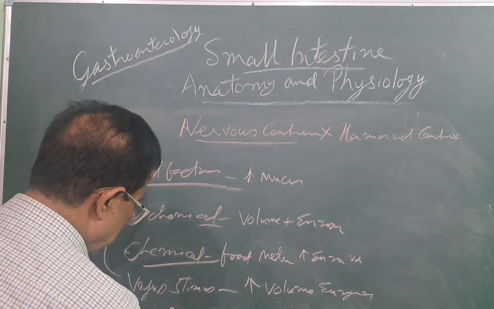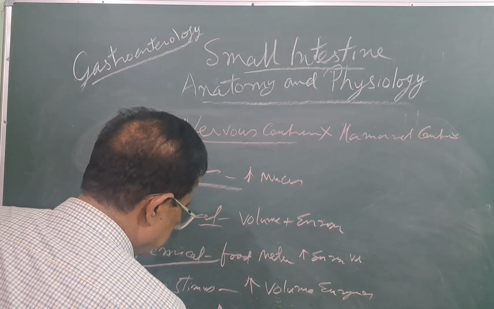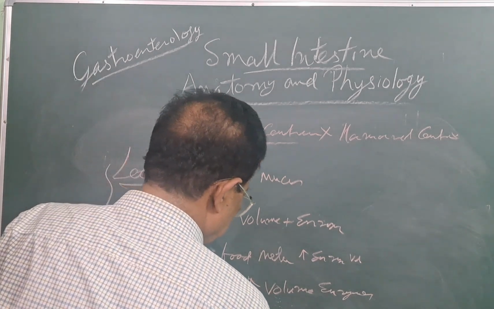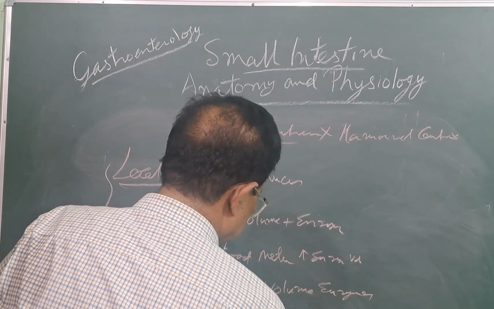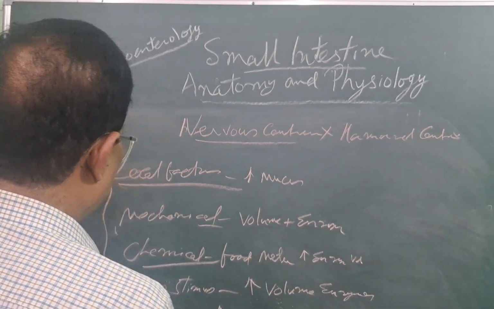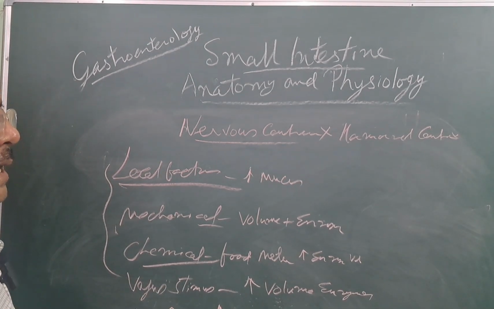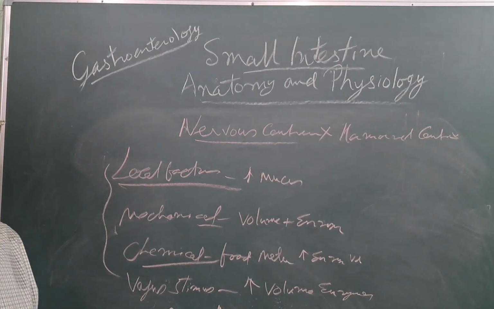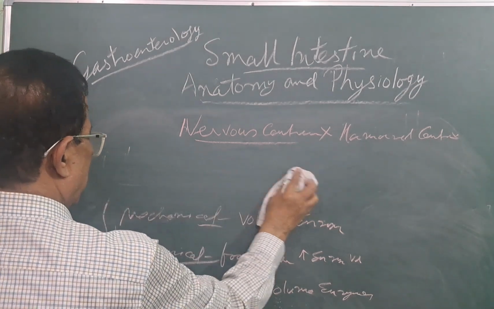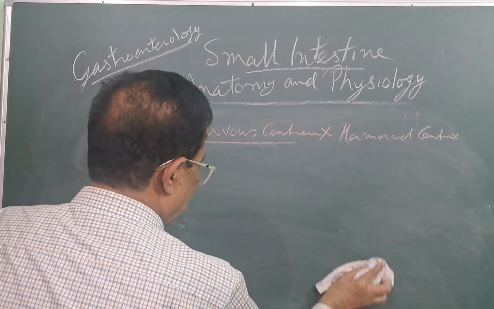VIP leads to increased watery secretion. So local, mechanical and chemical factors control the secretion of the small intestine, or succus entericus. This is the control.